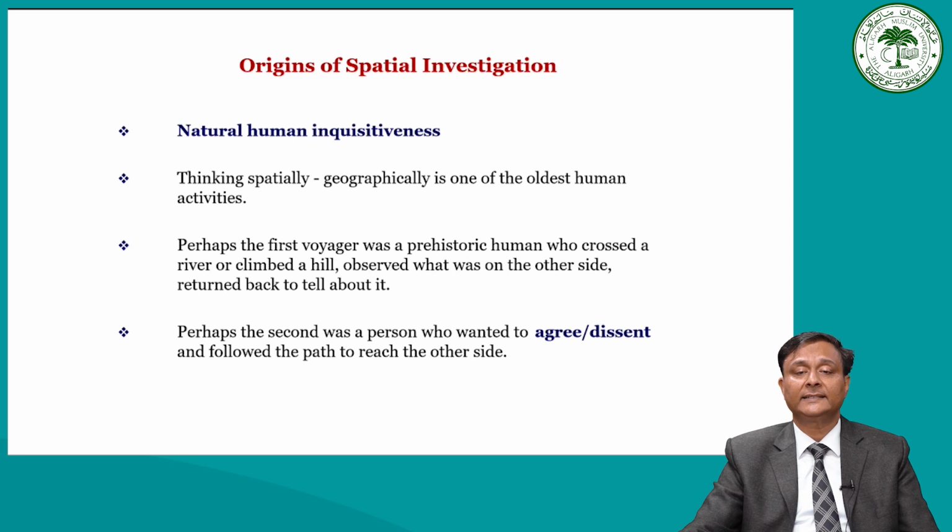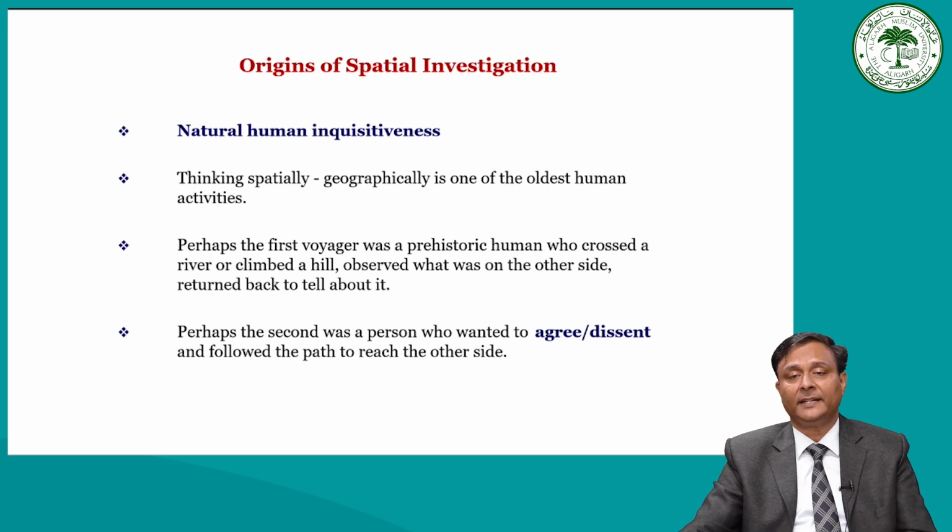But then others, when they would observe the same location, the same phenomena, there are two possibilities. One, they may agree with it, or another, they may disagree with the previous individual. If they are agreeing, then both of them might have the same perspective.